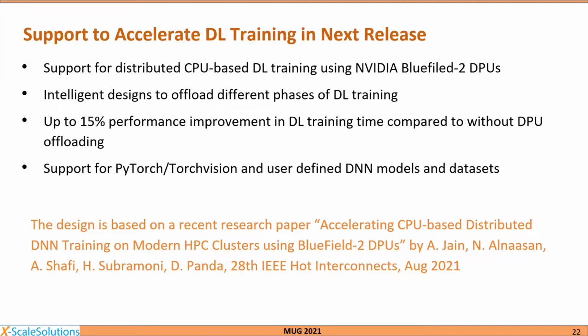This one supports the PyTorch framework. A paper with the basic idea has been published recently in Hot Interconnects this year, and the design is based on the same idea, but we are doing it to be part of this library.